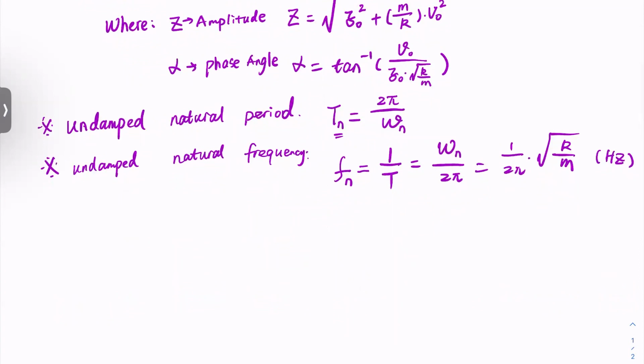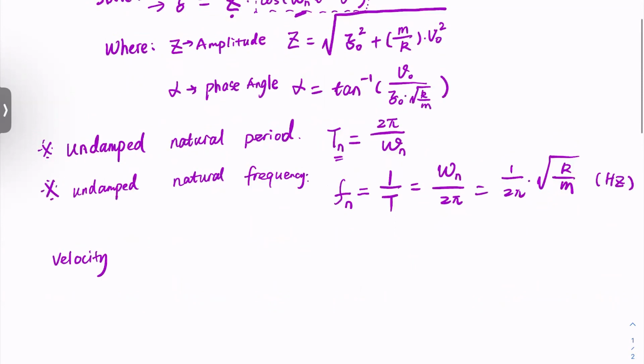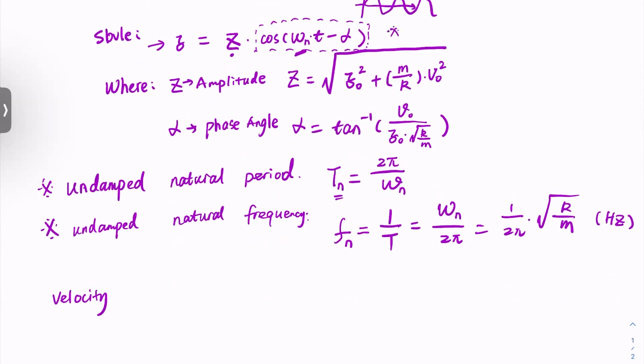Okay, so now we have the displacement. Now we move on to the velocity. Based on this equation over here, we can just take one derivative of z over time.